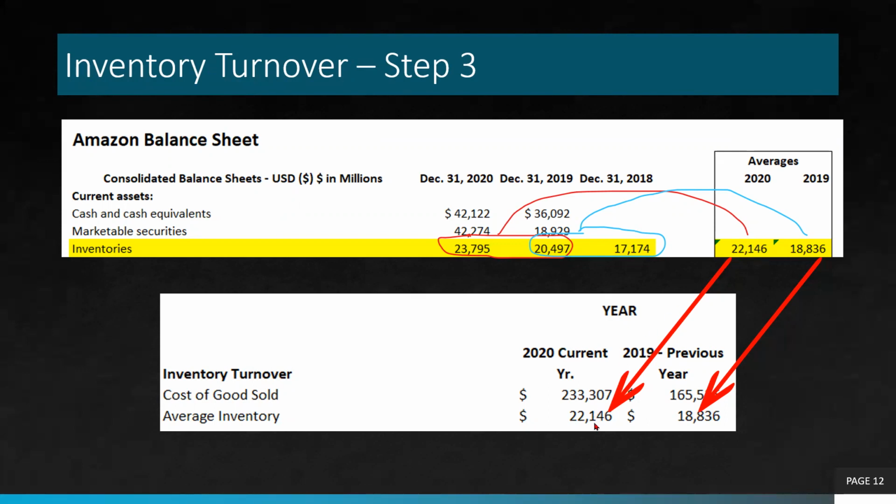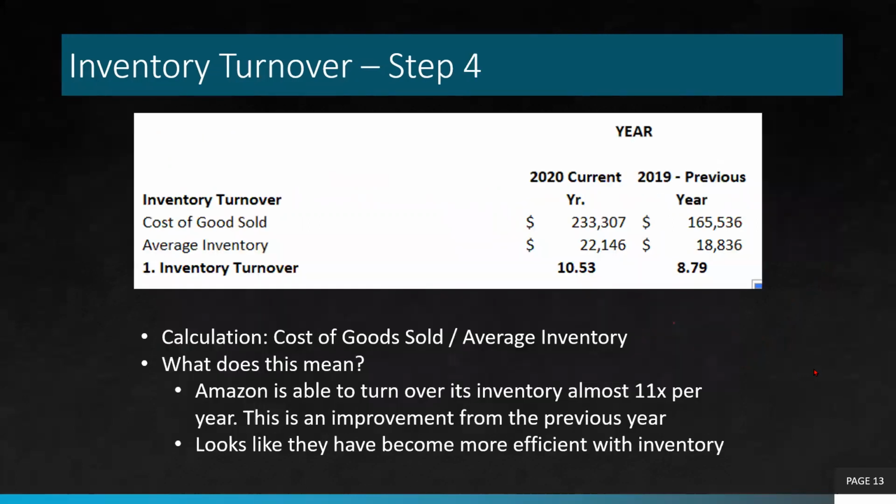That's the number I insert for 2020. Then for 2019, I take 2019's inventory and 2018's inventory, divide that by 2 or use the average function, and I come up with 18,836, and that's what I insert for the average inventory of 2019.